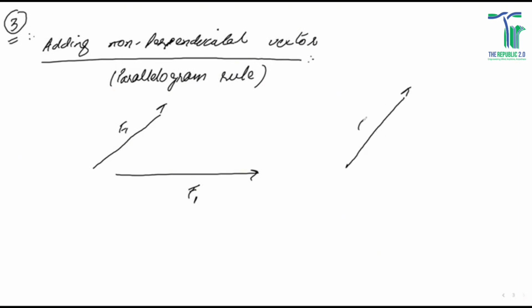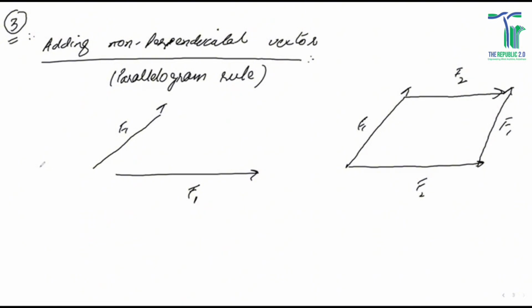This is F1 and this is F2. Now I'm going to draw two more vectors such that they create a parallelogram. So this is F1, I'm copying F1 over here as well. And then there comes an F2, right? So this is F1 and this is F2. This is how we simply add them up.